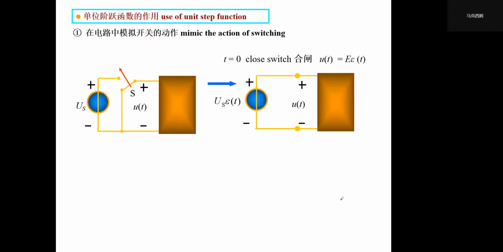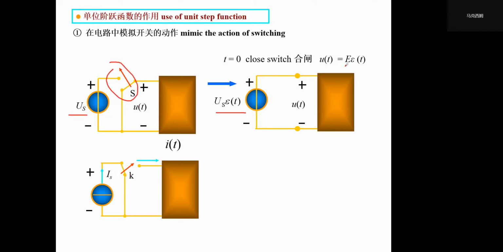For example, at time 0 we close the switch. So u(t) equals e(t) times the step. So this one with the switching action will turn into this one. So we don't have to switch in this loop any longer. We can do it completely the mathematical way.